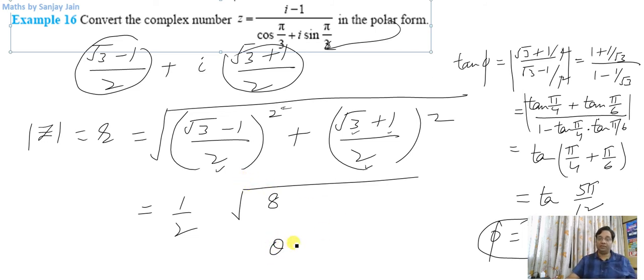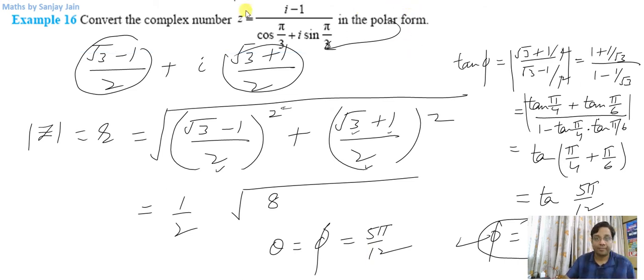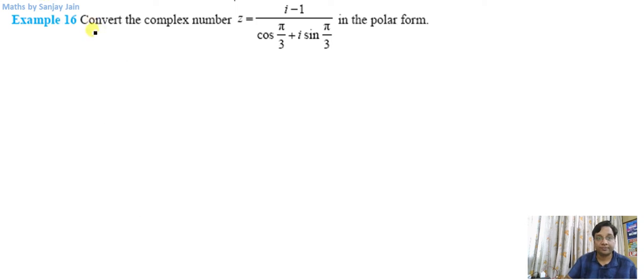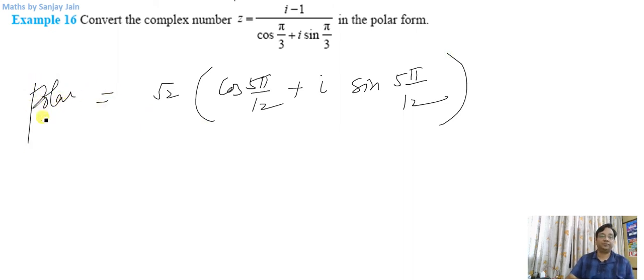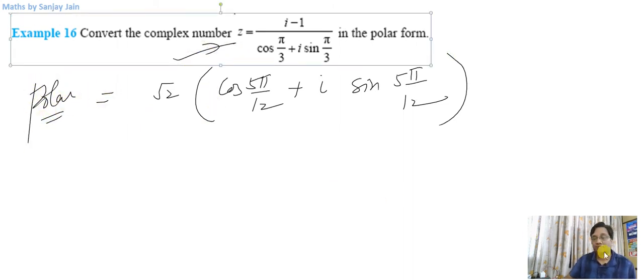So theta will be nothing but phi, which is 5 pi by 12. So what will be your final answer? It will be root 2 times cos 5 pi by 12 plus iota sine 5 pi by 12. This is the polar form of the given complex number.